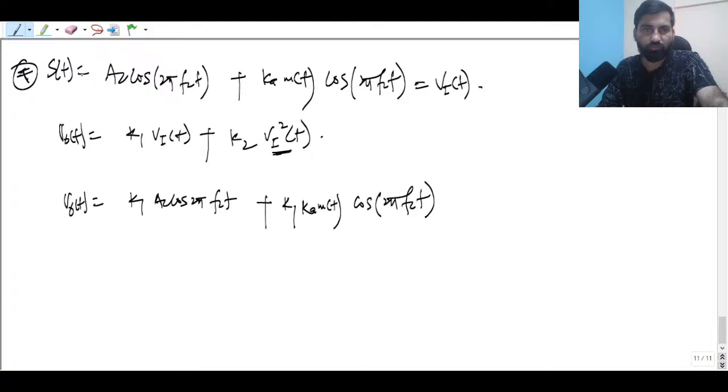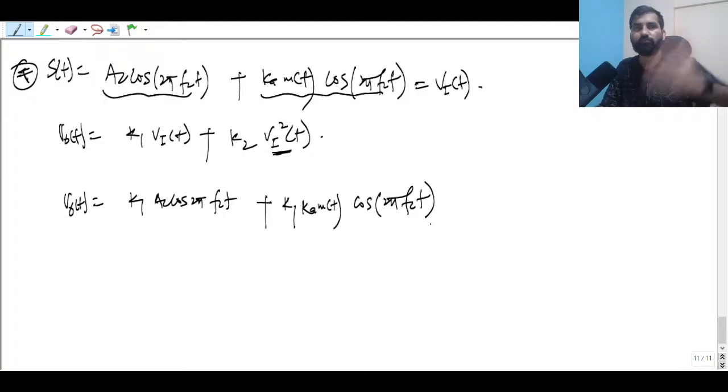Now you have to put inside this also, so this will be nothing but a plus b whole square, because this will be a square, this is b square, okay, and I think you understand, okay.